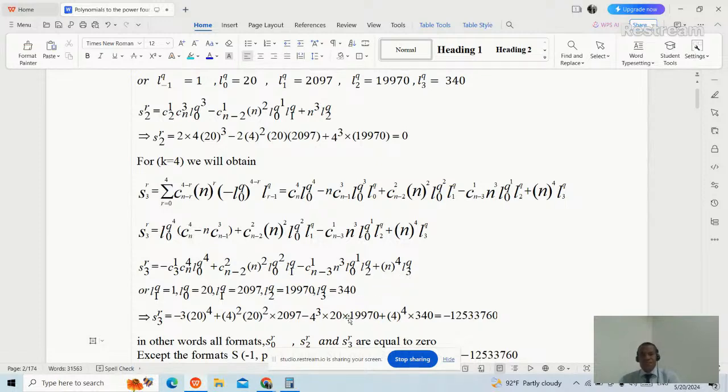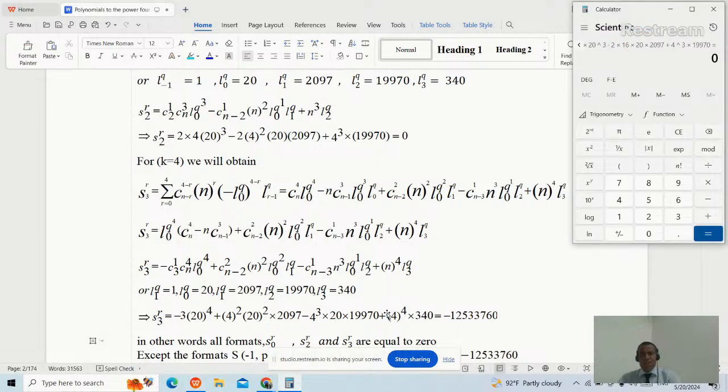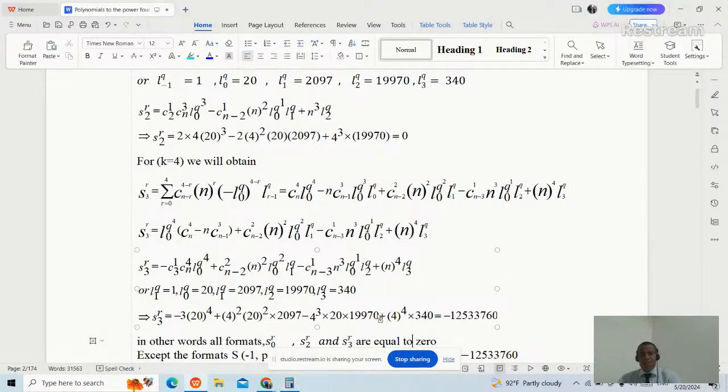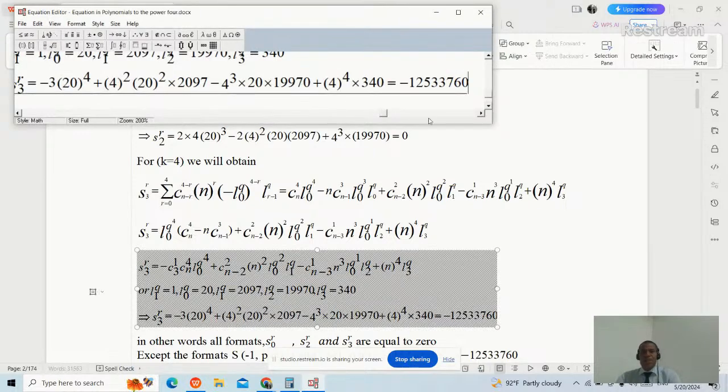Now, learners, just calculation. I will try to find this value, which I will write here if it is possible.